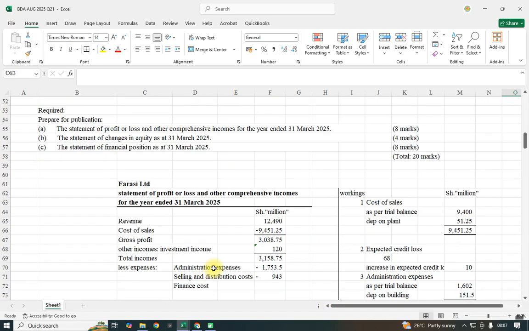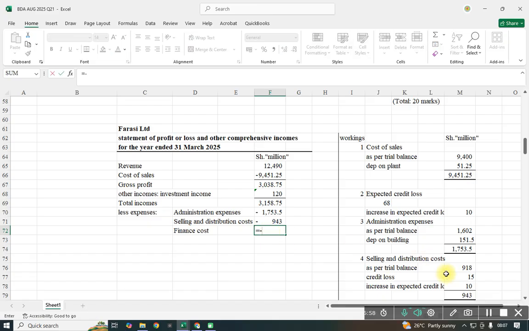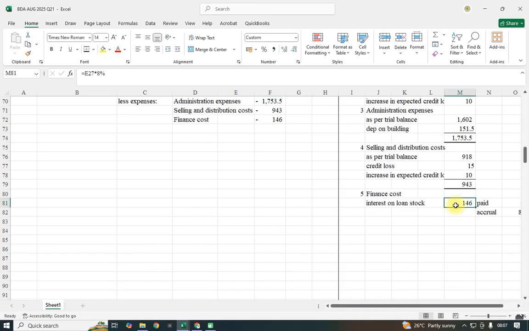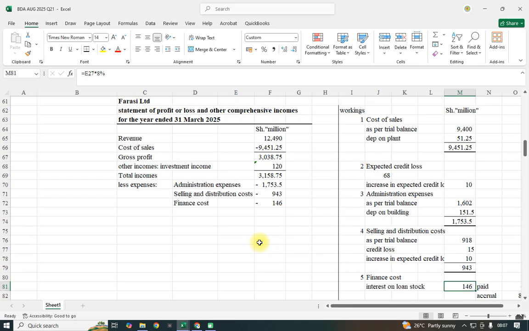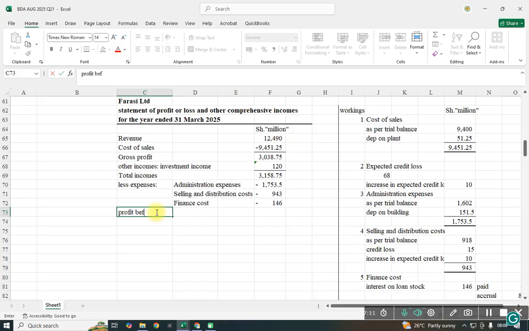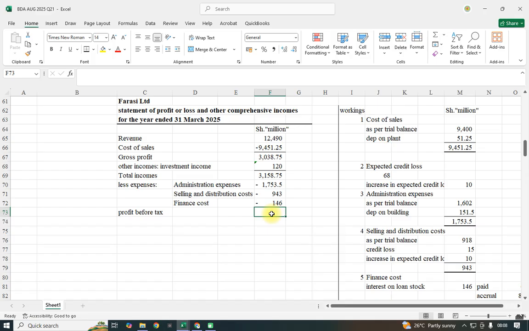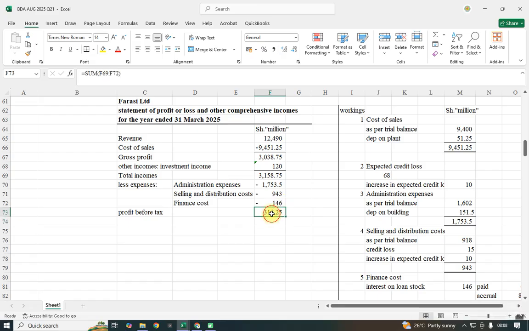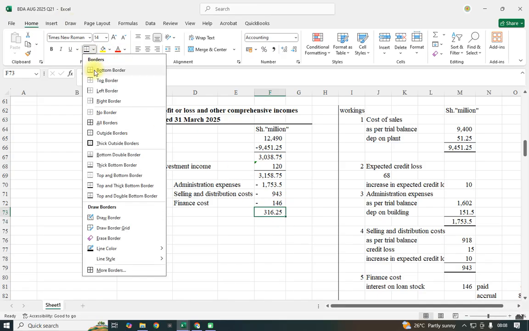We shall account for the entire 146, because we use the accrual basis. That is the 8% of the total, and we shall get the profit before tax.